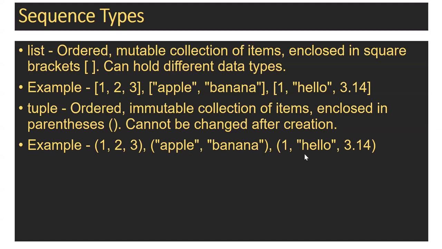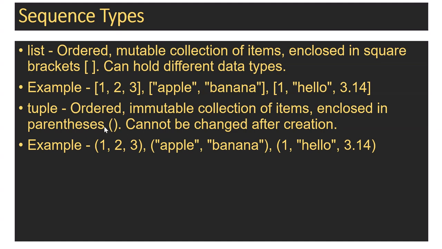Tuple can hold different data types, just the same as list. In our future tutorial, when we specifically talk about list and tuple, you're going to understand more about them. But for now, remember that these are the sequence data types that we have.